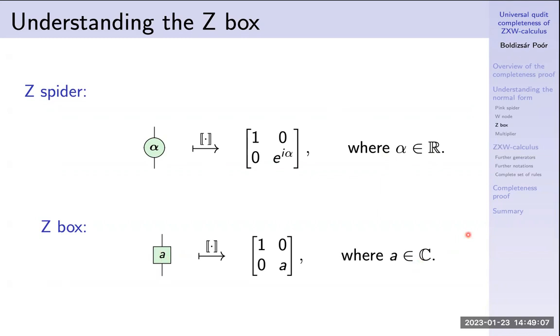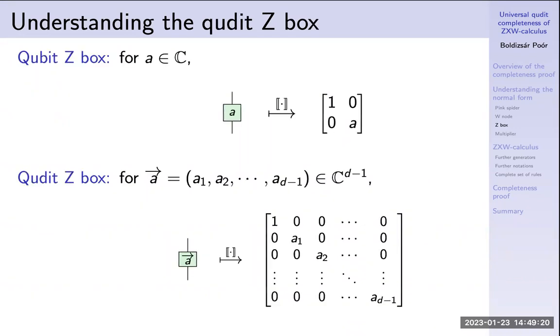So in a sense, the Z box is more general, or we can represent the Z spider really easily using the Z box. But we can also represent other things with the Z box. But this is obviously the qubit case, because we have 2 by 2 matrices. In the qudit case, we have d by d matrices, and we don't just have a single complex number, but we have d minus one of these numbers.